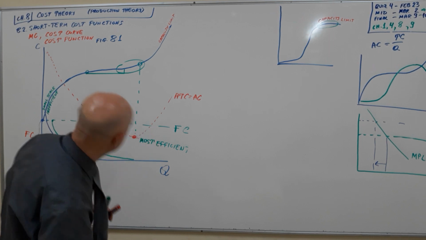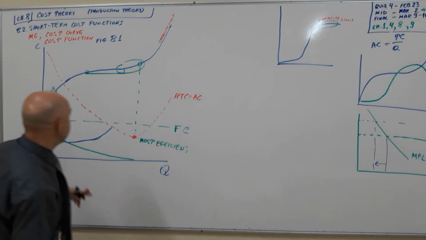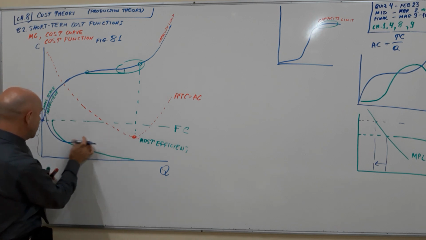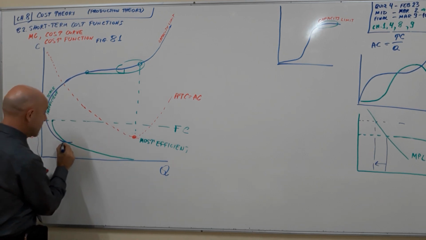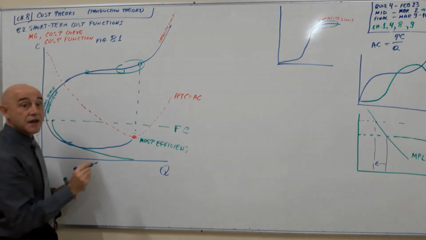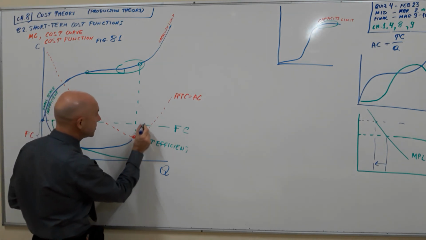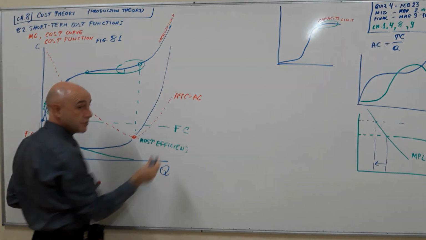And let's take a look. Okay, a little bit like this. Let me do this. Goes like this, and then marginal cost here is below the average, and here continues above the average.